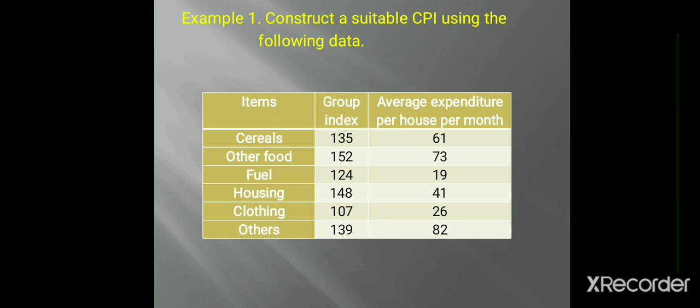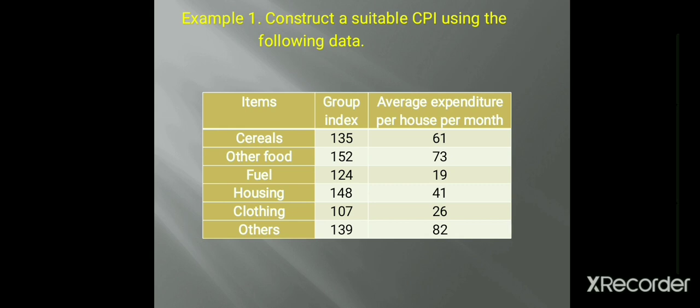Second column heading, group index: 135, 152, 124, 148, 107 and 139. Their corresponding average expenditure per house per month are 61, 73, 19, 41, 26 and 82.